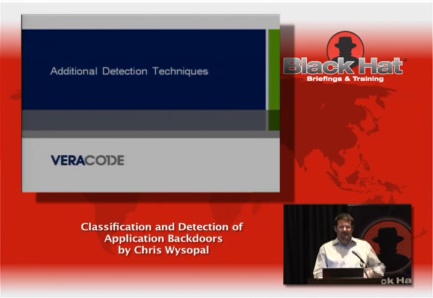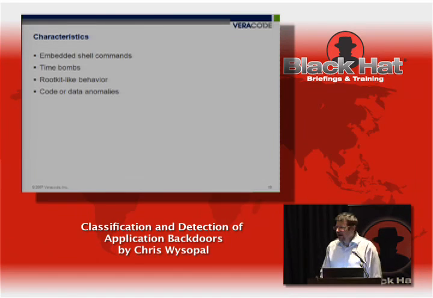So now I just want to talk about some additional techniques that don't fall into any particular category, that are signs that someone is doing one of these things, whether they're trying to bypass authentication, send sensitive information out to the network, or run hidden commands. These other techniques find those sorts of root kinds of backdoors.